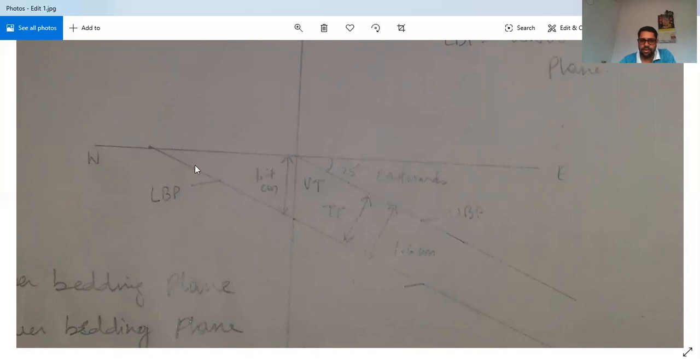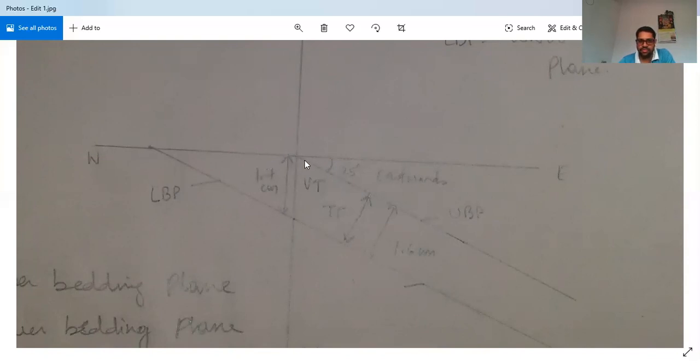Now we have to find the lower bedding plane. This is your upper bedding plane, and you cannot draw anything on it because it is itself the upper surface, so you have to draw beyond it. From here, measure 4 centimeters and draw a line parallel to the upper bedding plane, using a set square.